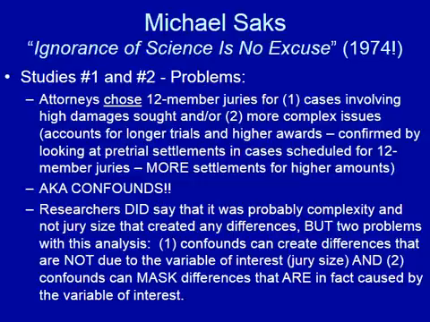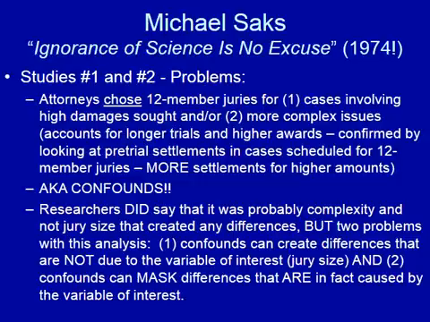Also, big problems with these 2 studies boiled down to one word, and that is confounds. So attorneys actually ended up choosing 12-member juries for cases involving high damages or more complex issues. So of course that also helps account for the longer trials and higher awards, which in fact was confirmed by looking at pretrial settlements in cases that were scheduled for 12-member juries.